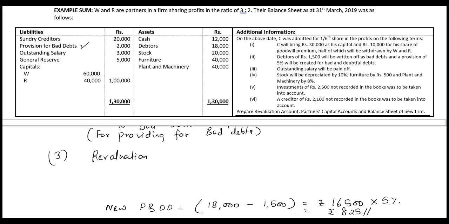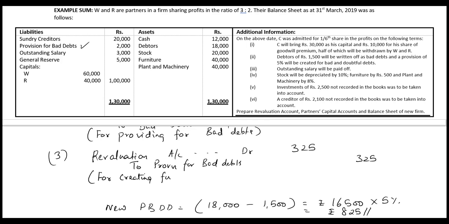So revaluation account debit 325 to provision for bad debts 325, for creating further provision.